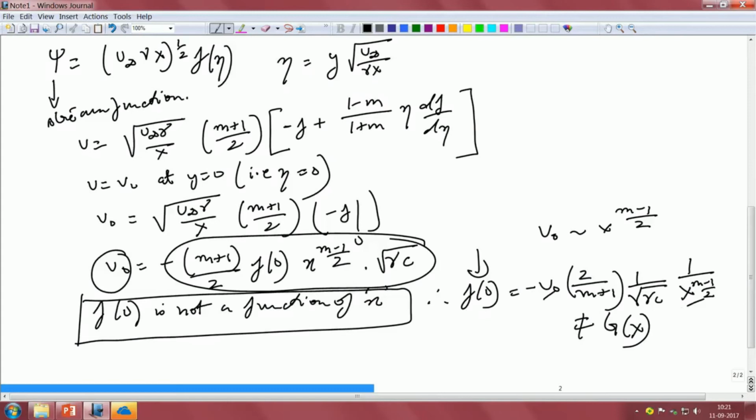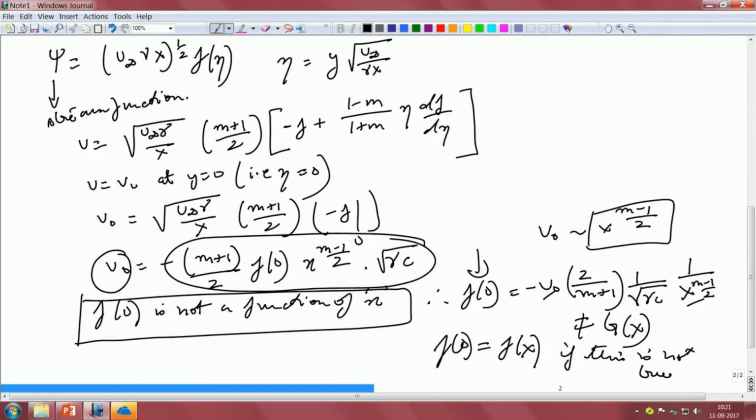If it does not vary in this particular way, then you will have an x dependence, and f naught will be a function of x. If that happens, the entire similarity solution breaks down.